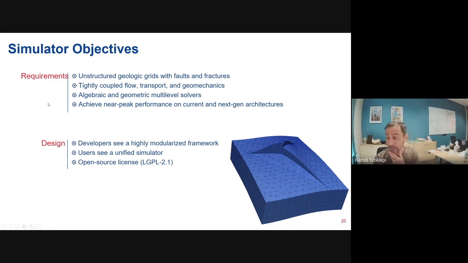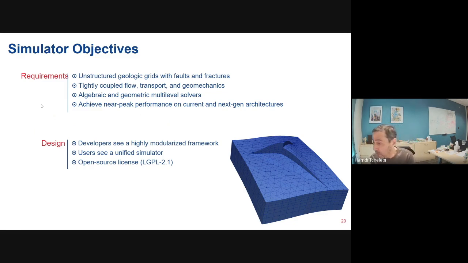The design of GEOS, and we put this to the test every day, is for the team of developers, which include scientists, postdoctoral fellows, and graduate students, for each of them to see a highly modularized framework so that they can focus on modeling the particular aspects of the physics that they're interested in.